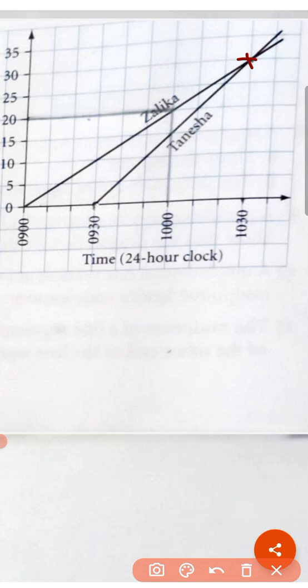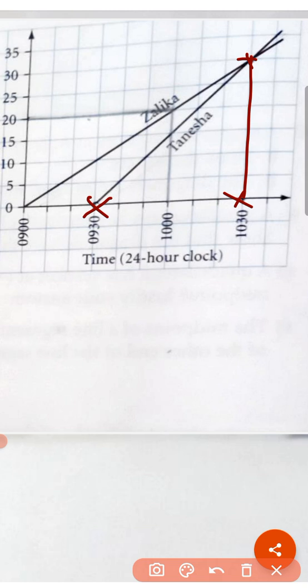Okay. So children, Tanisha started at 9:30, and at 10:30 she caught up with Saliga. This is the meeting point.